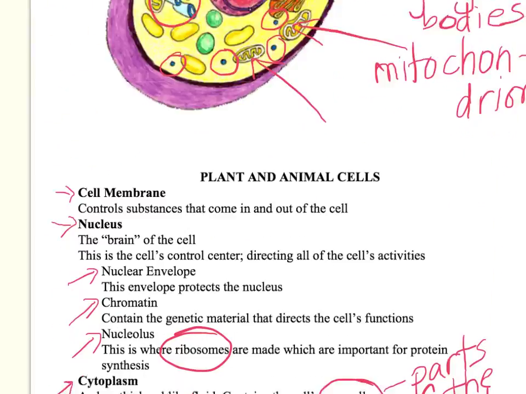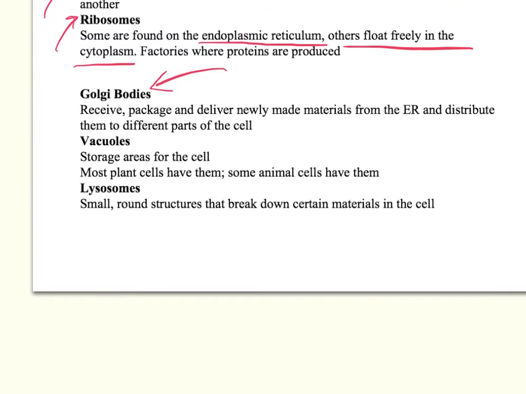So going back now, vacuoles, right here, are basically places where things are stored. Think of it like a storage room, a closet. They store various things that the cell may need later.